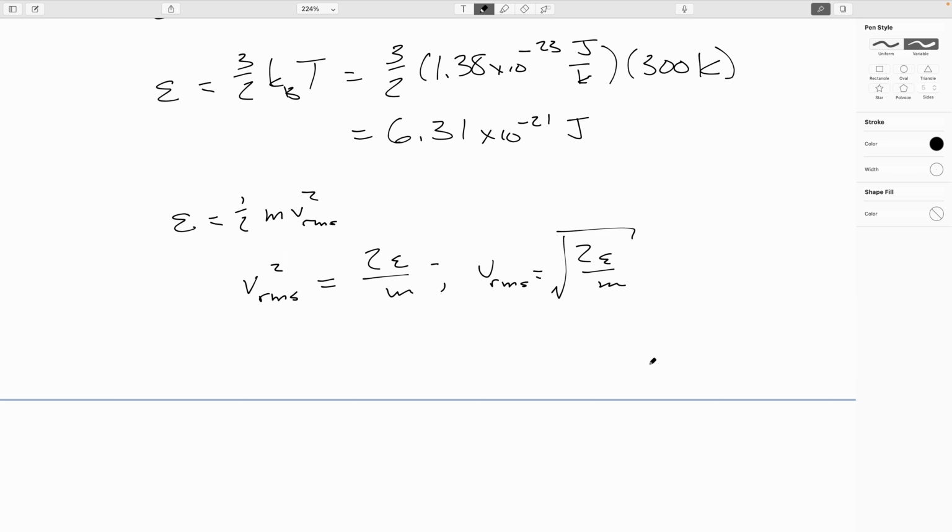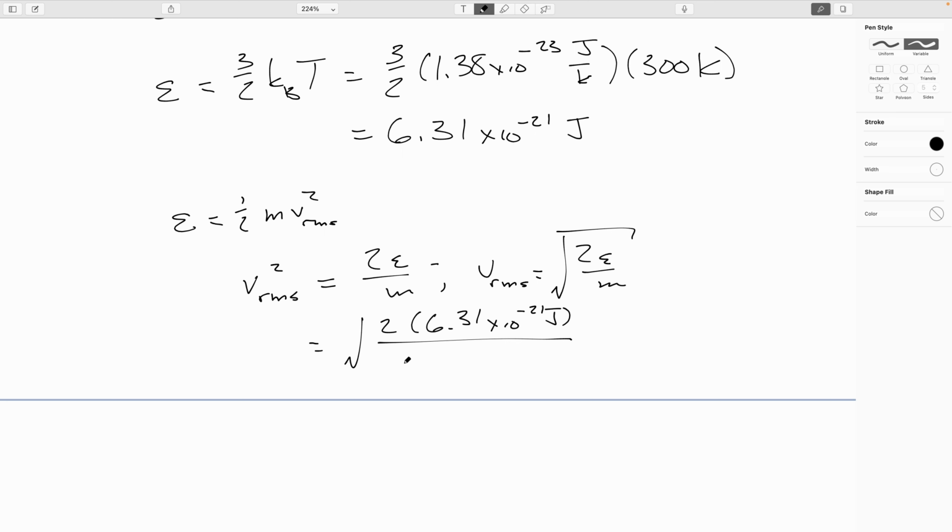All right. So we can plug those in. So we just found from here that the average thermal energy of an argon molecule at 300 Kelvin is 6.31 times 10 to the negative 21 joules.